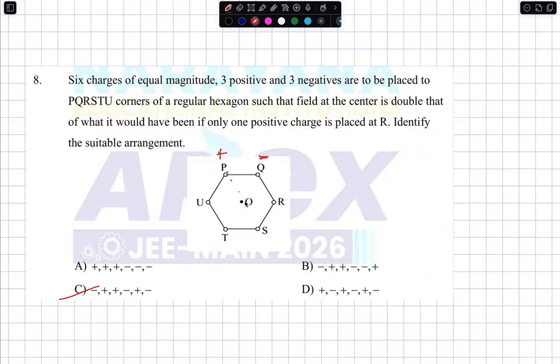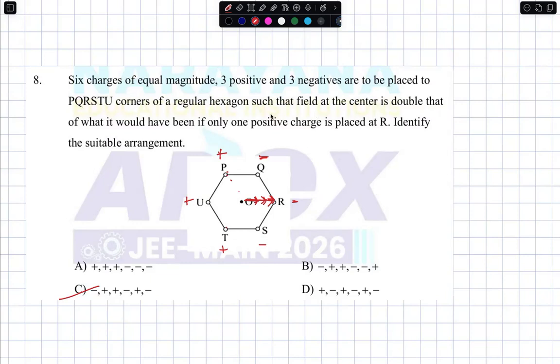This acts like a dipole and this gives a field in this direction. Similarly, I am taking a combination like this. That will also add field like this. Now you take a negative charge and a positive charge. This will also add field in this direction. See, the combination plus minus here gives field in this direction. Plus minus also gives field in this direction. All are in that direction only.